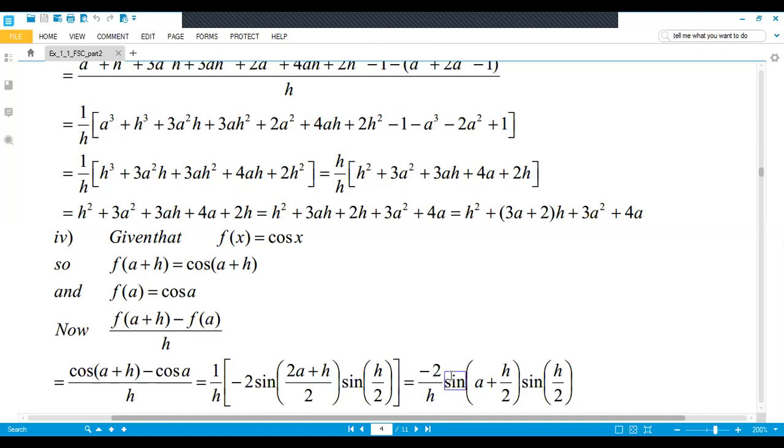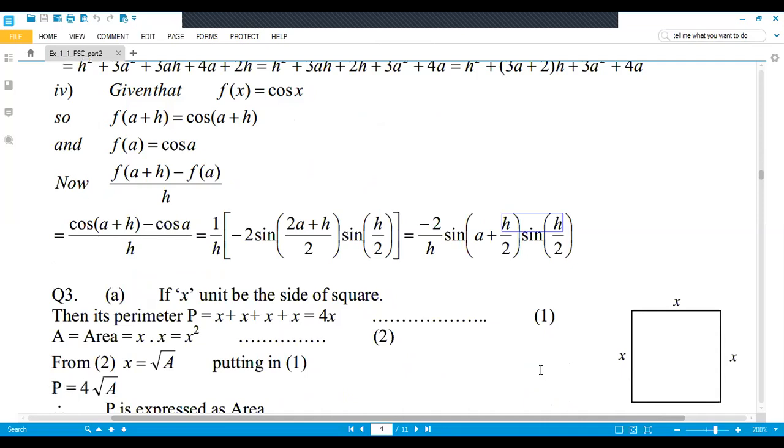Now open the bracket, minus 2 over h sine, this 2 divided by 2, we get a plus h divided by 2 and sine h divided by 2. So this is the required answer.